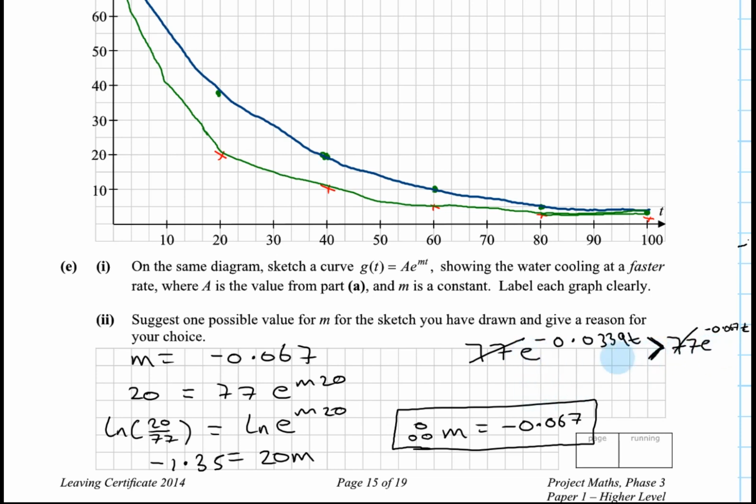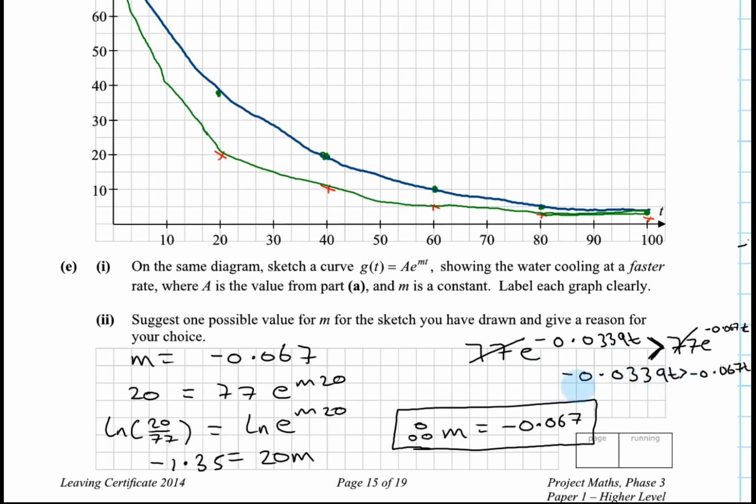Then you take the log of both sides, and you'd be left with minus 0.0339 t is greater than minus 0.067 t. So then our t's can cancel out because we know that t has to be greater than 0, and we have the two negative signs.